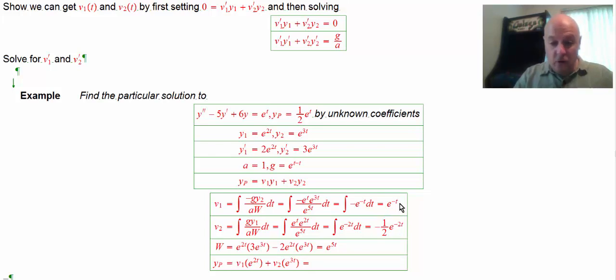So now I've got the v1 and v2. They're not constants, they're functions. I'm looking for the particular solution. The particular solution is v1 y1 plus v2 y2. So I need to put those in.